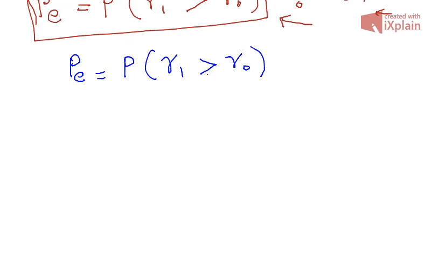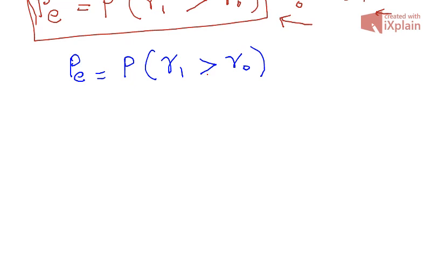Ultimately the result would be the same, but the expressions and the logical reasoning would be a bit different. So this is the probability of error: the probability that R1, the sampled output at the second branch, is greater than R0, the sampled output at the upper branch of the matched filter receiver.